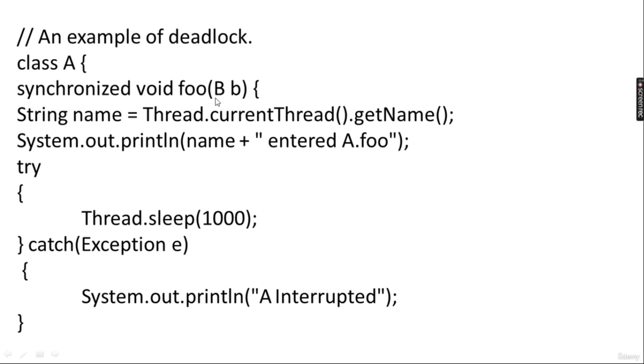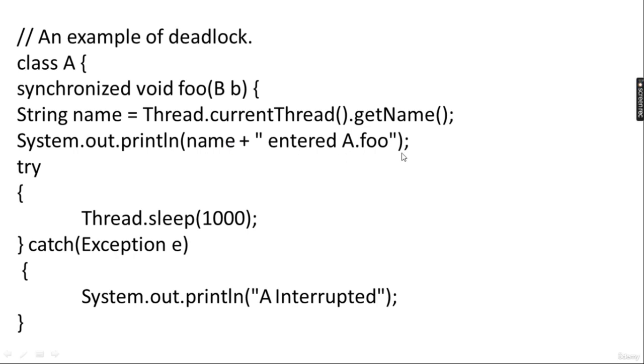Now we will see synchronized void foo. You can see the method is synchronized, and still deadlock can occur. Void foo has been passed the object B. String name is equal to Thread.currentThread().getName(), that is the main thread's name.